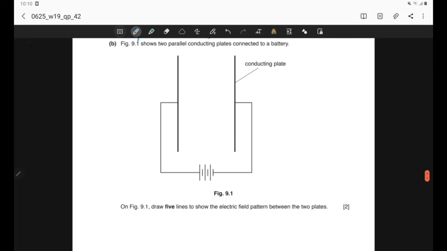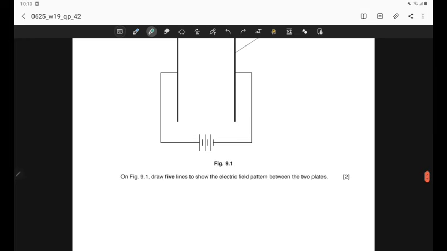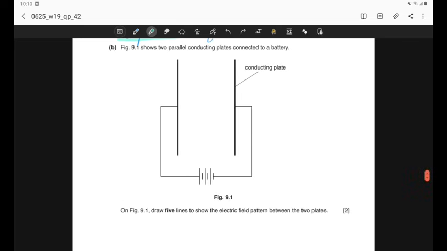Part B. Figure 9.1 shows two parallel conducting plates connected to a battery. So we have two conducting plates which are connected to a battery as shown in the figure. On figure 9.1, draw 5 lines to show an electric field pattern between the two plates. Since it is parallel uniform plates, the field lines will be parallel, straight lines, but the direction is important.